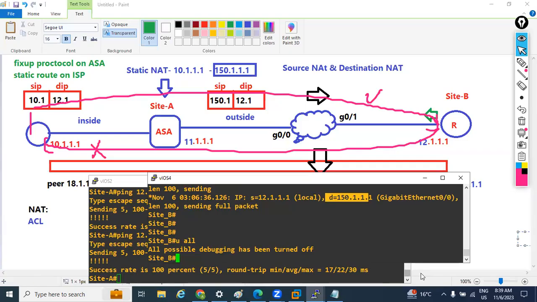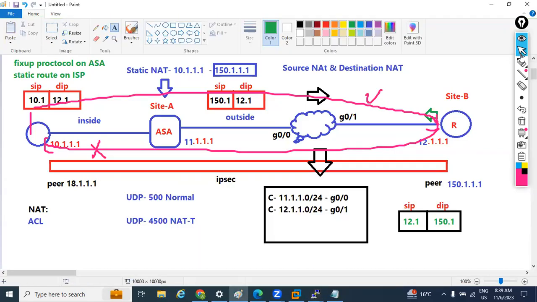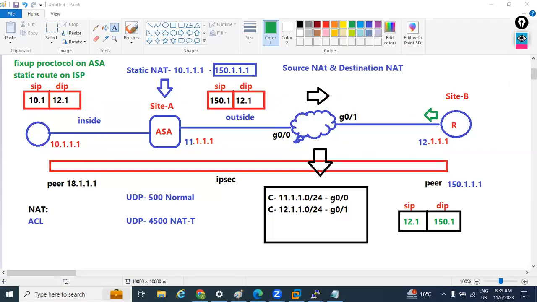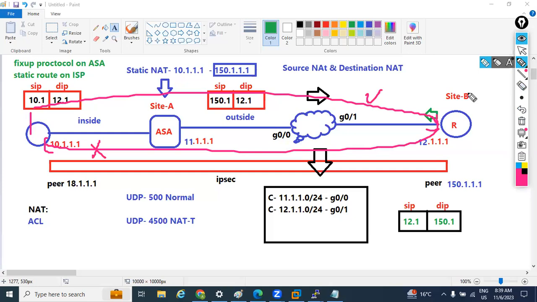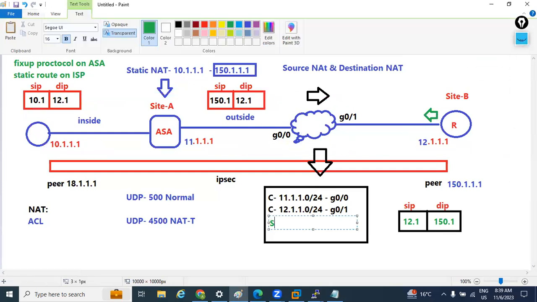And here we even have a default route, but still we are not able to ping. What is the reason for that? Even though we have a default route in this direction, we also have a static route, because I have configured the static route 150.1.1.0/24 via 11.1.1.10 here.